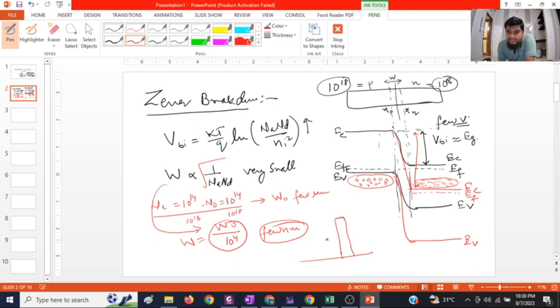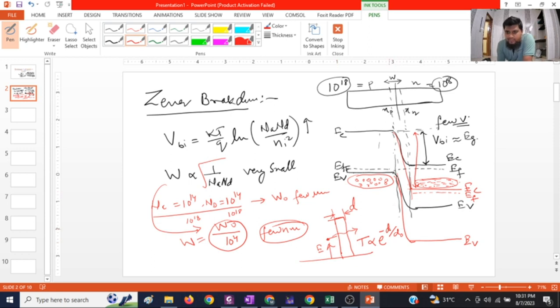Even though the barrier is high and a particle has energy E less than the barrier energy E naught, the particle still has a finite probability of tunneling through the barrier. This tunneling probability T is proportional to e to the power minus D by D naught, where D is the thickness of the barrier, here W is D, and D naught is a parameter of the material itself.